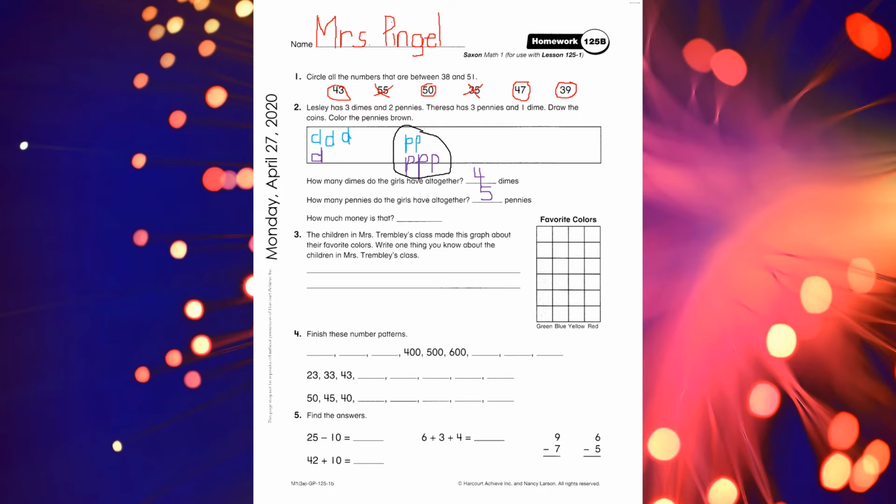How much money is that altogether? If you went to the store and you gave all the coins to someone, how much money would you have? Dimes are worth 10 cents and pennies are worth 1 cent.